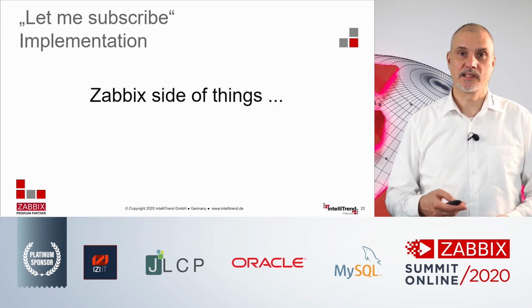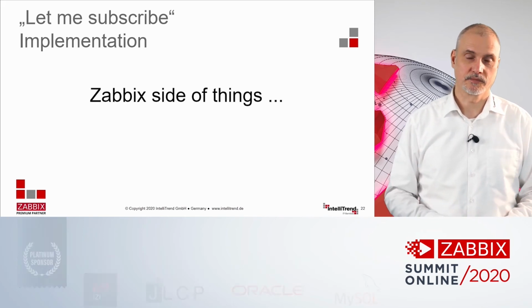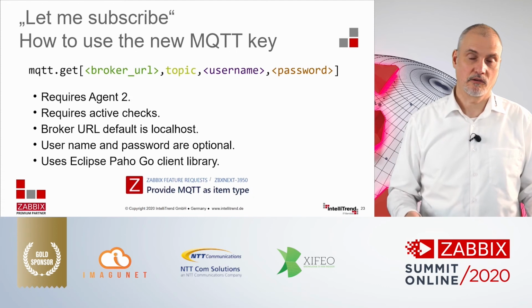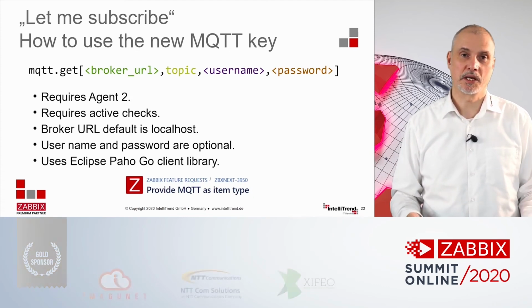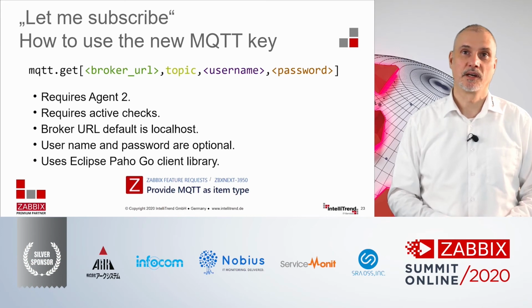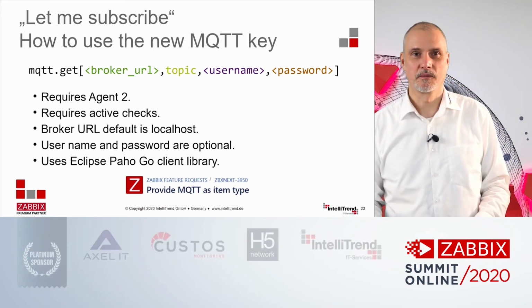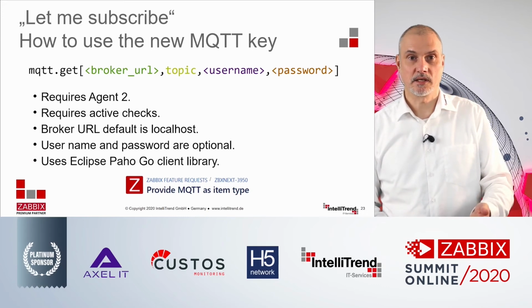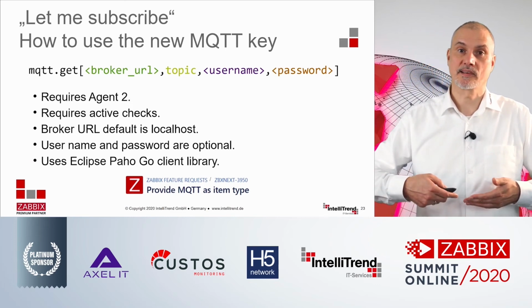So how does the Zabbix side of things work to do something similar? First of all, we need to get the data. And we get the data with this brand new MQTT get item provided by Zabbix in Zabbix version 5.2. It's based on Agent 2, so it requires Agent 2 to be installed. It also requires to be set up as an active check.